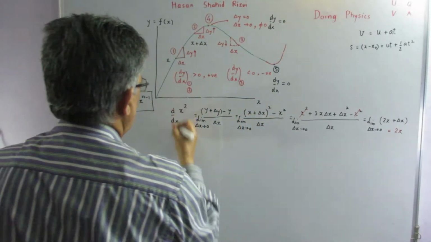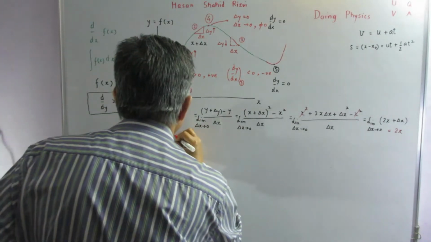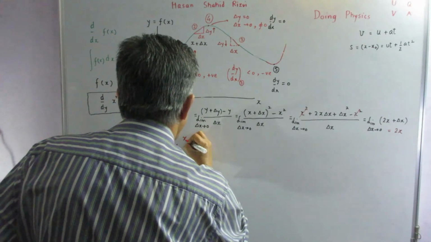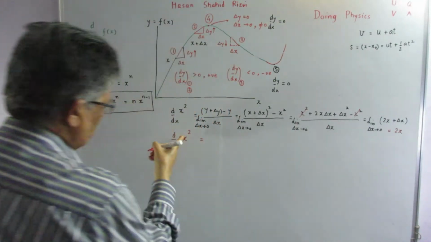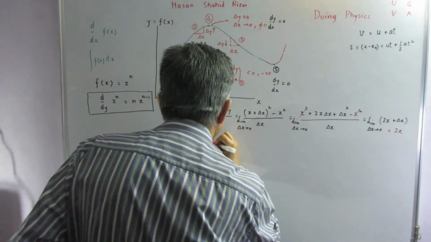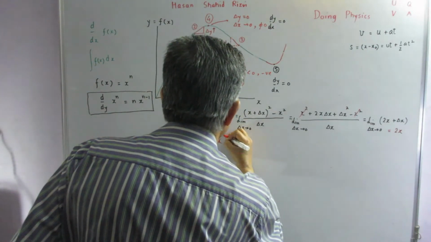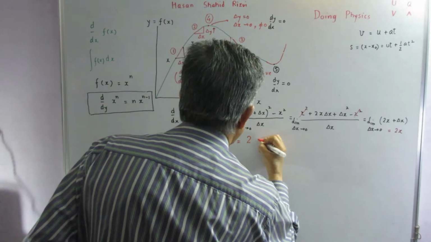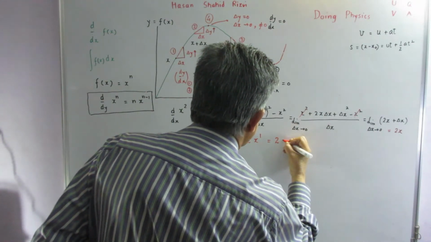So my value here turns out to be d/dx of x square, which is the power into x to the power of 2 minus 1, which is equal to 2x to the power 1, which is equal to 2x.